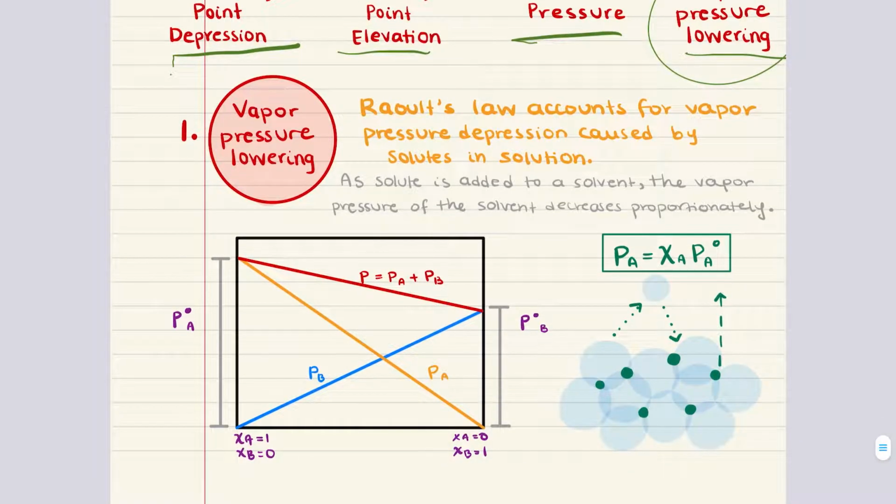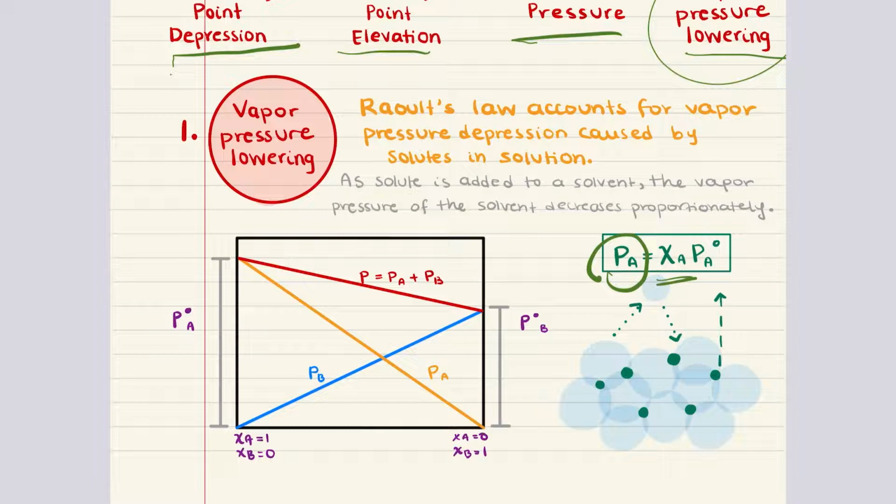Raoult's law describes the vapor pressure lowering of a solvent when a non-volatile solute is dissolved in it. According to Raoult's law, the vapor pressure of the solvent in a solution is directly proportional to the mole fraction of the solvent.